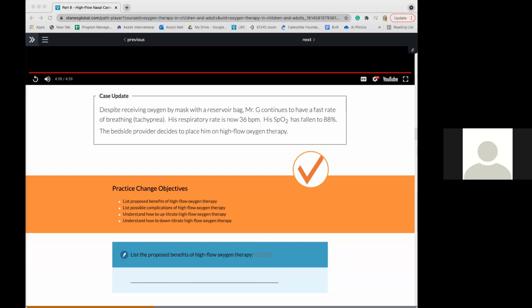So any patient who requires inspiratory oxygen flow of more than 20 to 30 liters per minute, it means we are administering high flow oxygen therapy.